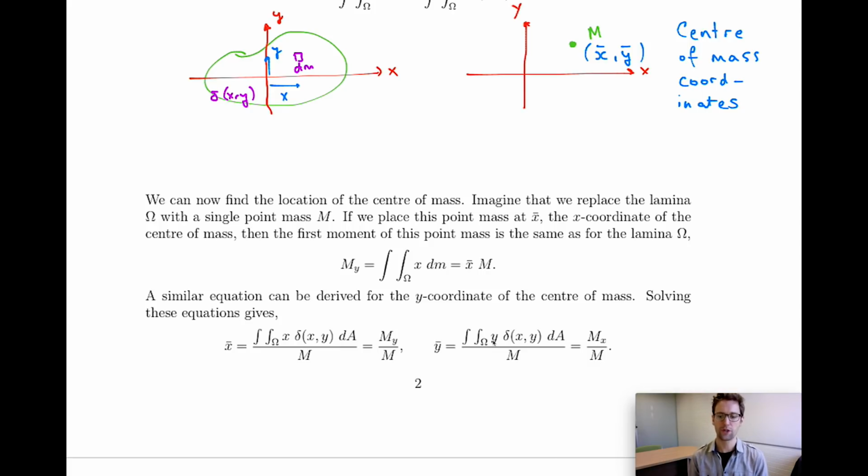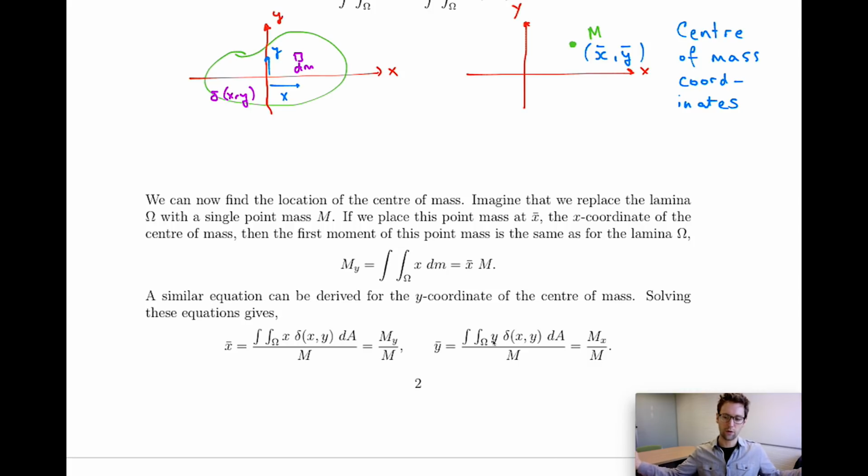The second important concept that we need to introduce is the idea of a moment of inertia. And the moment of inertia tells us the resistance of an object to rotation. Now clearly some objects will rotate more easily than others. If all of the mass of the object is located very close to the center, then it's very easy to spin that object around.